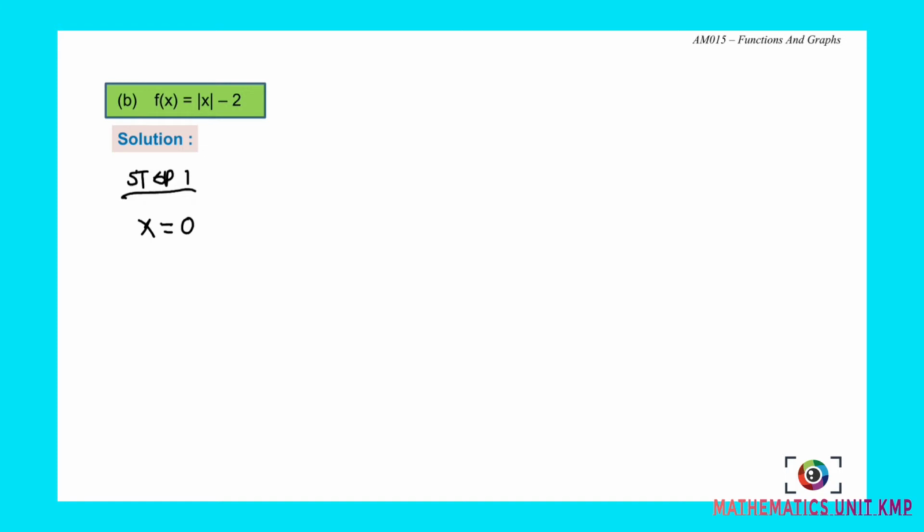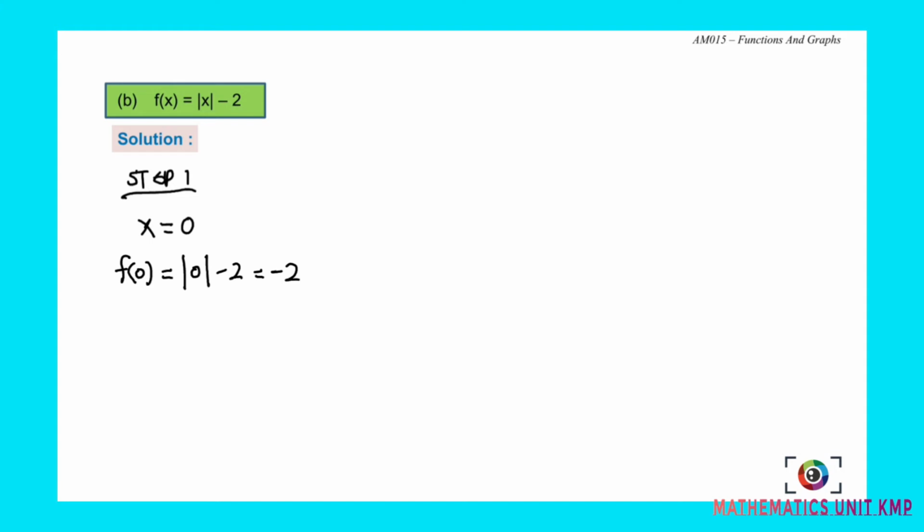You need to find the value of y. How do you find the value of y? You masukkan balik nilai x 0 into the function f(0). Modulus 0 minus 2, you akan dapat 0 minus 2, which is negative 2. Faham? Jadi itulah koordinat bucu dia, the vertex coordinate.